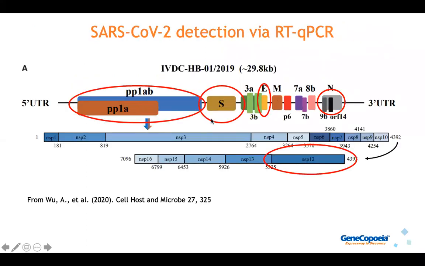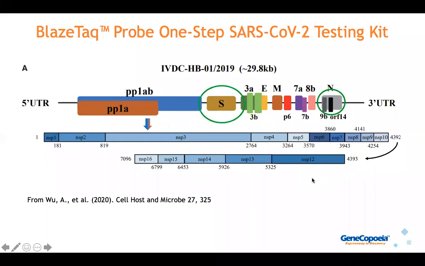Again, this is the schematic that I showed before of the SARS-CoV-2 genome. Many companies use primers that recognize the regions of the genome circled here in red: PP1AB, S, E, which is envelope, N for nucleocapsid, or NSP12.